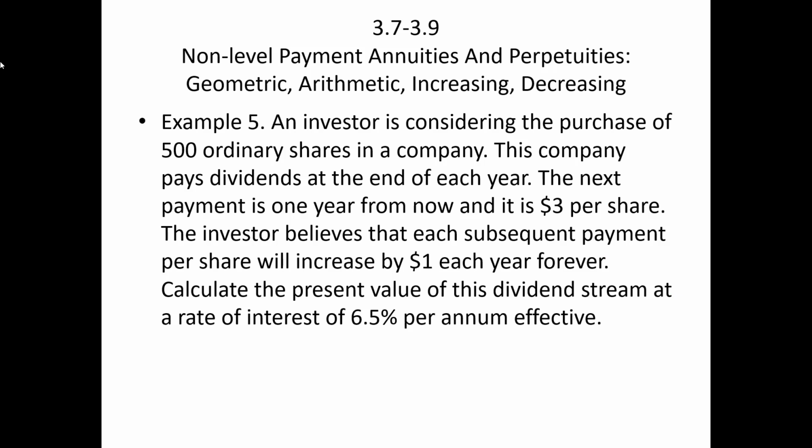So actually it's $1,500. The investor believes that each subsequent payment per share will increase by $1 each year forever. Calculate the present value of this dividend stream at a rate of interest of 6.5% per annum effective. So annual effective rate 6.5%.